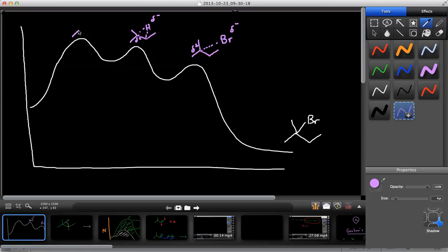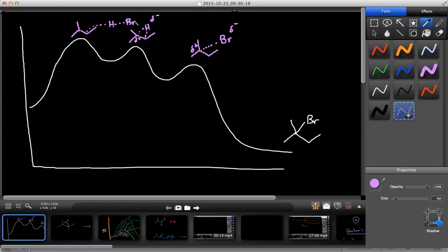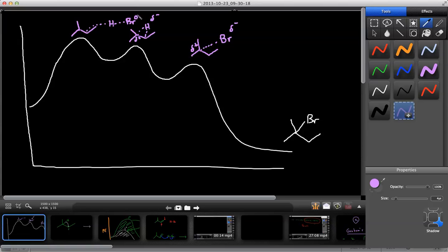And in the first transition state, the pi bond is breaking, the carbon-H bond is being made, the hydrogen-Br bond is breaking, the bromine has a partial negative charge, while the secondary carbon has a partial positive charge. So those are my transition states.